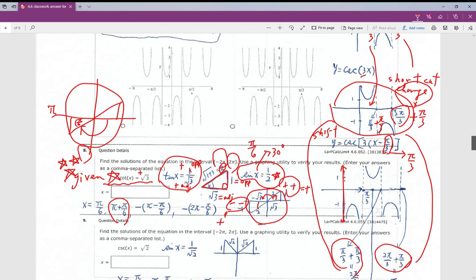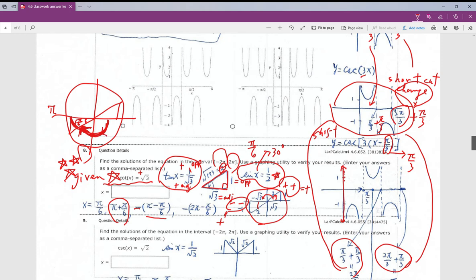So I will say pi take away pi over 6 will be this angle. But the whole thing is negative, right? Negative angle. So you have negative, and then the absolute value of the angle will be pi minus pi over 6. You go to pi and go back a little bit, pi minus pi over 6. This needs to go in the negative direction.